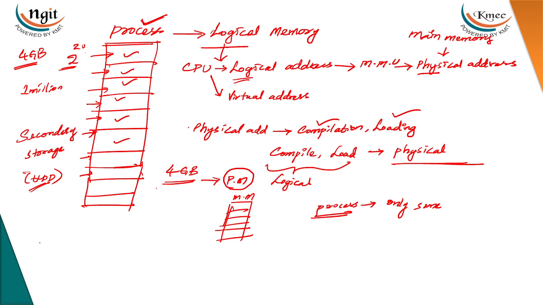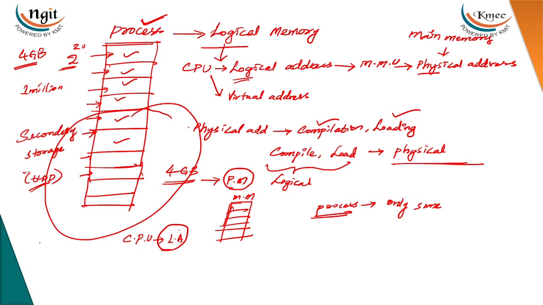Some pages will be loaded into main memory, and the remaining pages are kept in secondary memory. When the CPU generates a logical address for that process, if that page is available in main memory, then its physical address will be generated and the byte corresponding to that address will be accessed.